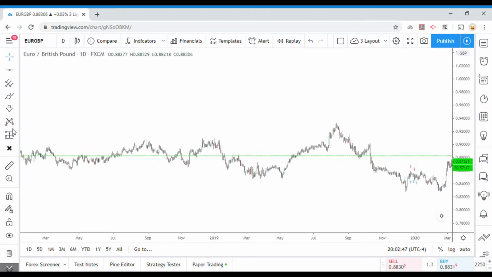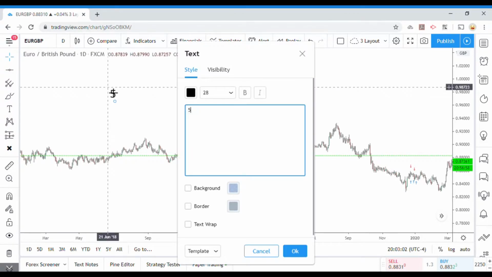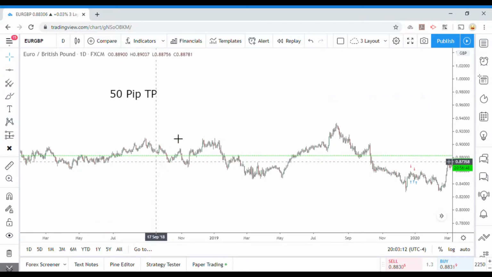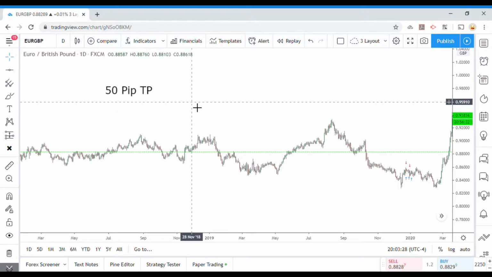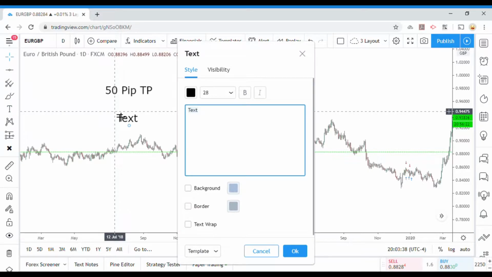So, what we're going to do here is a 50 pip take profit. That way we can remember it. That means the stop loss will be 75.